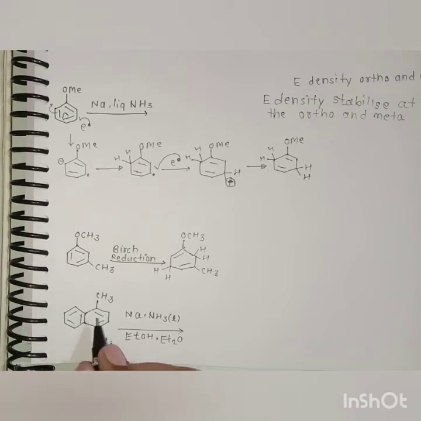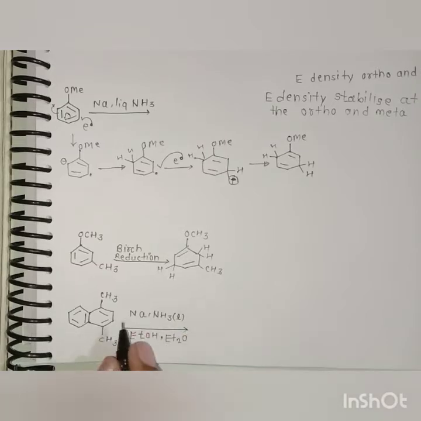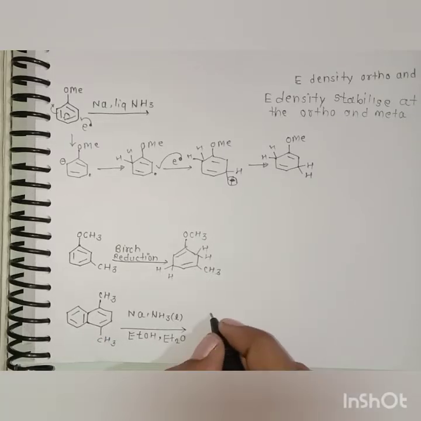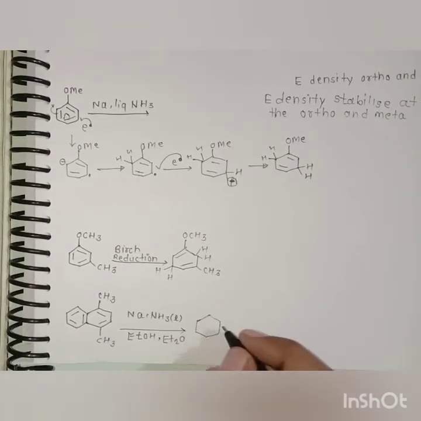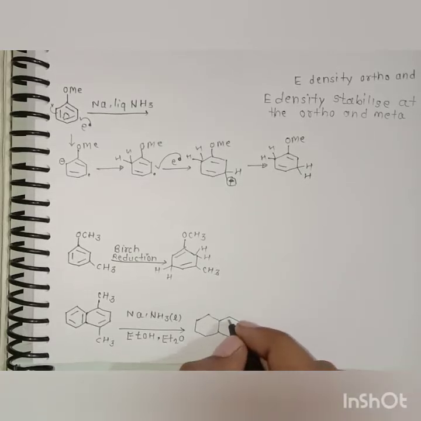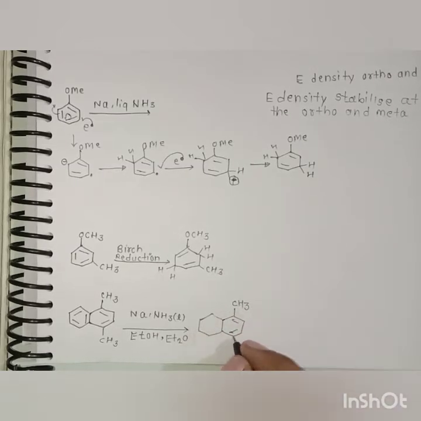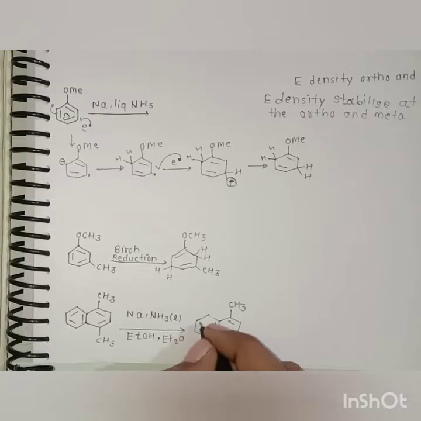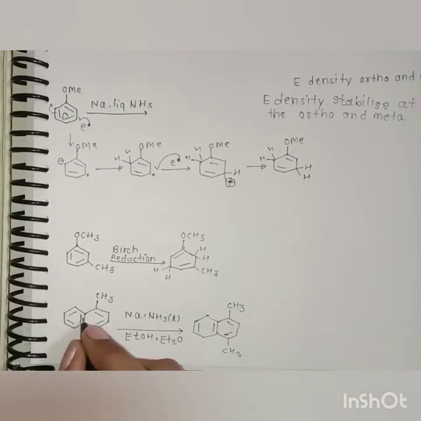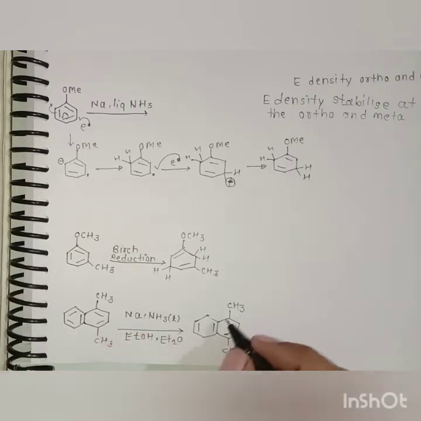It always reduces the electron deficient ring, and out of these two benzene rings, this is the electron deficient and this is electron rich due to this methyl group, and the Birch reduction reduces this electron deficient ring and we get the product where this carbon remains sp2.